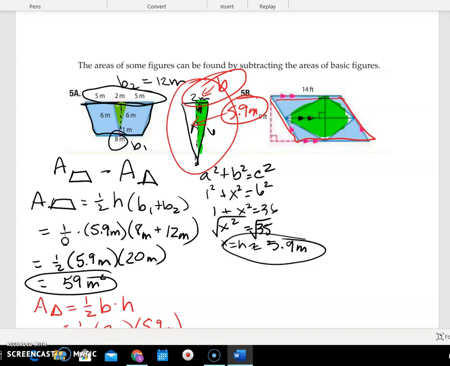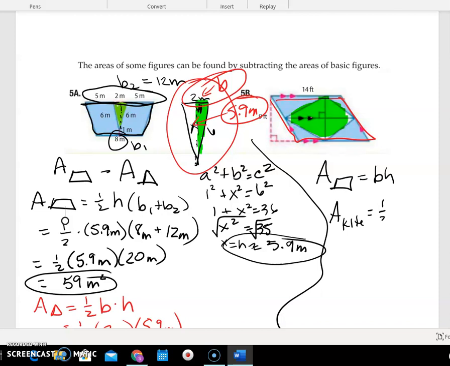So I'm going to do the area of a parallelogram, which is base times height, and the area of the kite, which is 1/2 diagonal 1 times diagonal 2. And so the area of the composite would be the area of the parallelogram minus the area of the kite.